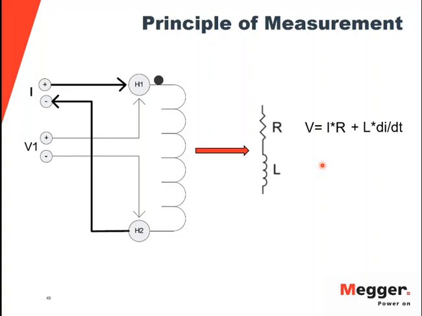If I can somehow stabilize the current, which means that current is not changing with time, which means di/dt becomes 0, and if I can make di/dt 0, that term would disappear, and then I can do the ratio of V over I. So one of the most important things we need to understand for winding resistance is that the current has to stabilize before I can get a reliable measurement. So my current has to be constant, it should not fluctuate. If it's fluctuating, you will not get a reliable and consistent resistance measurement.